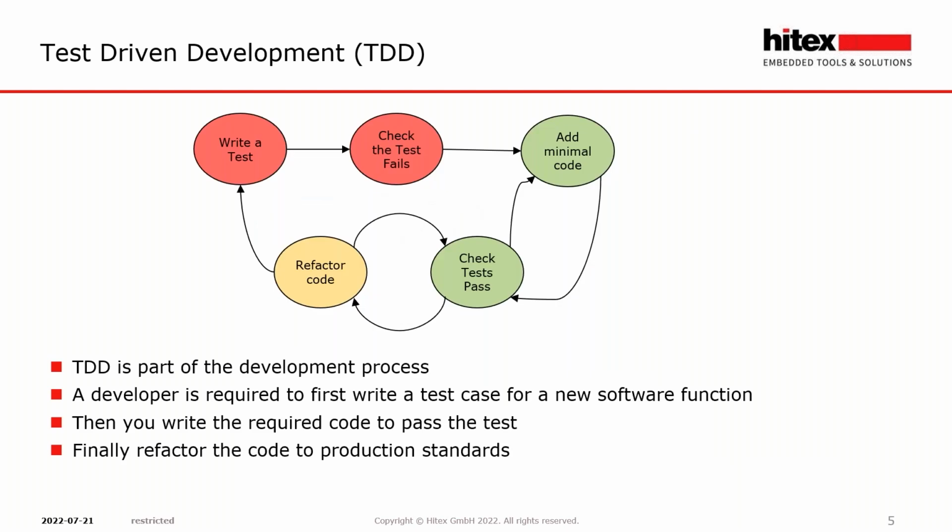The other approach that we tend to use for more mainstream and smaller projects is a form of developer test called test-driven development. So in this approach, the testing process becomes an actual part of the software development.